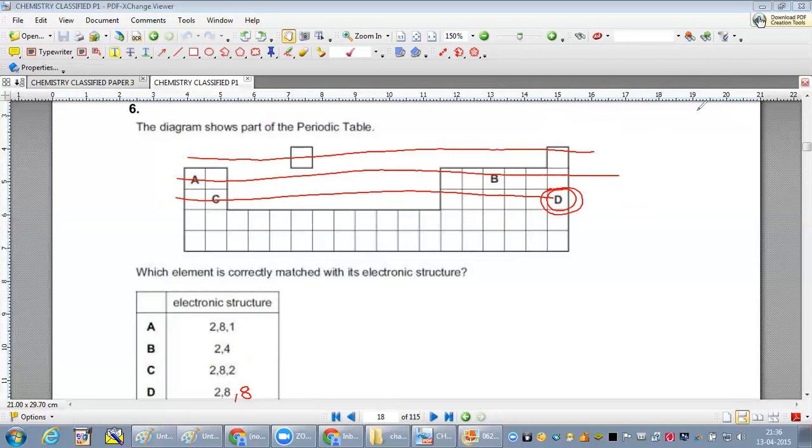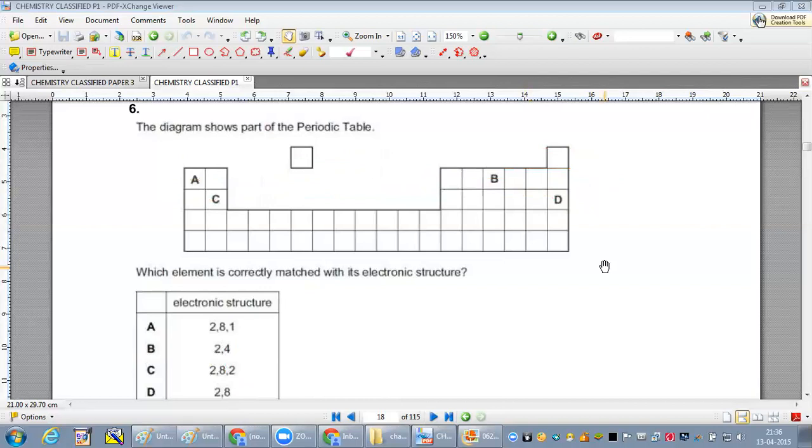Yes, any other questions apart from this? Yes, we can move ahead.